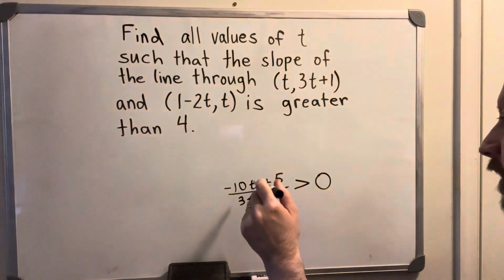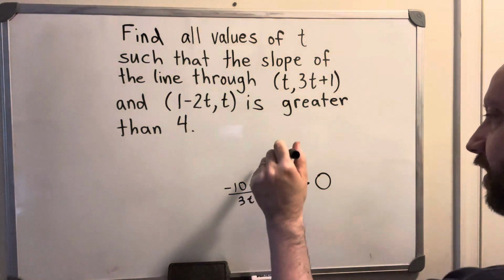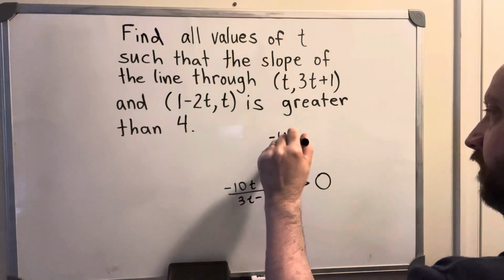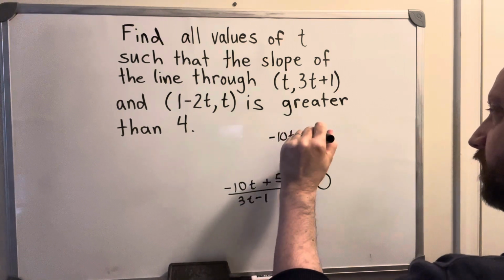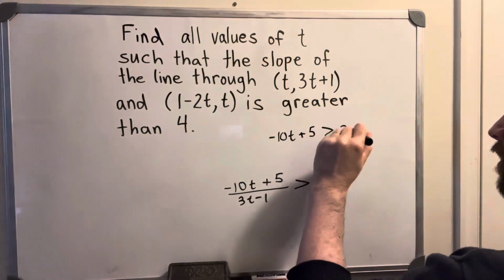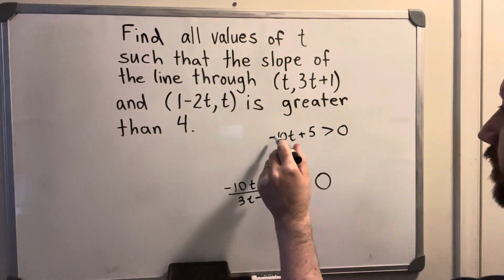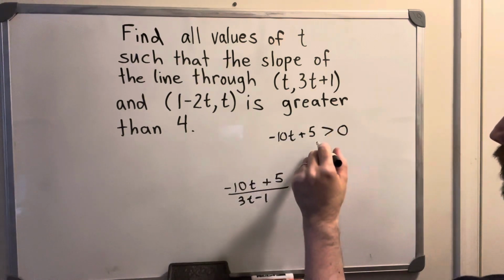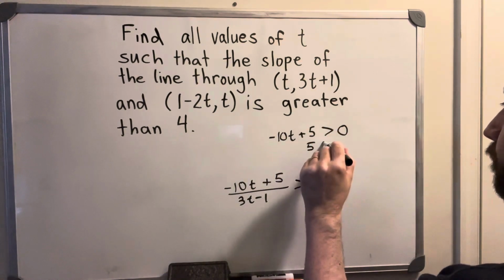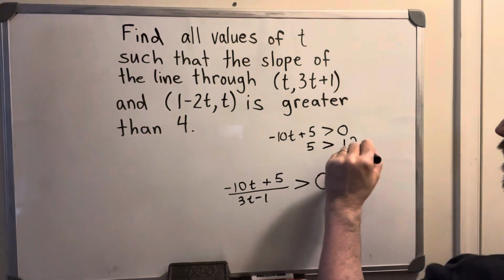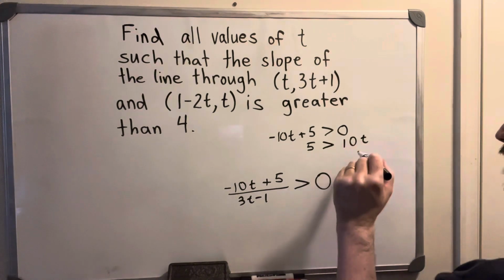Let's try to figure out what values of t make negative 10t plus 5 positive. Okay. Now, let's add 10t to both sides. So we've got 5 is greater than 10t.